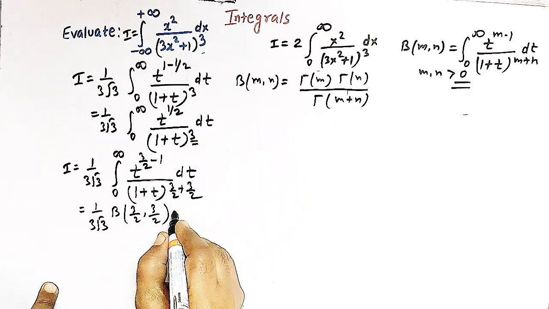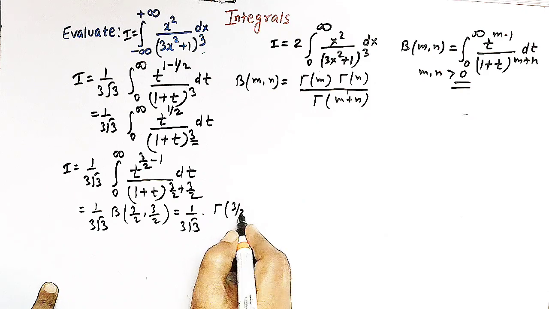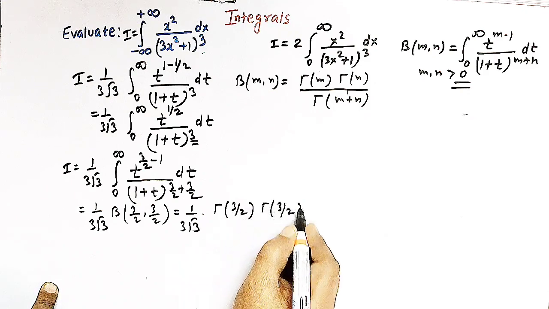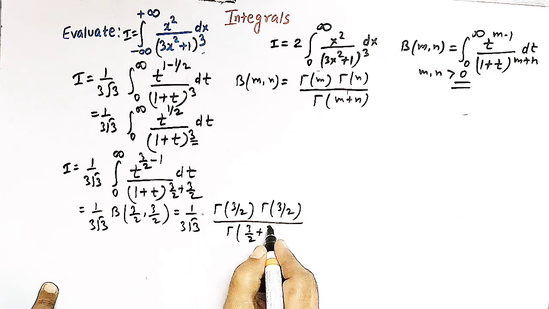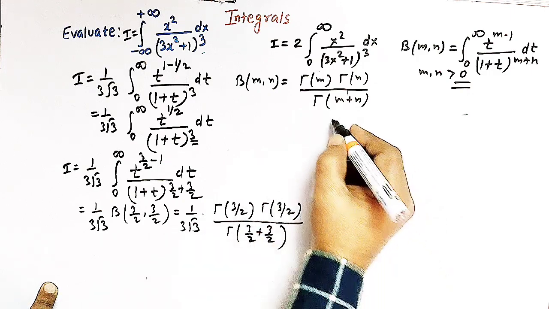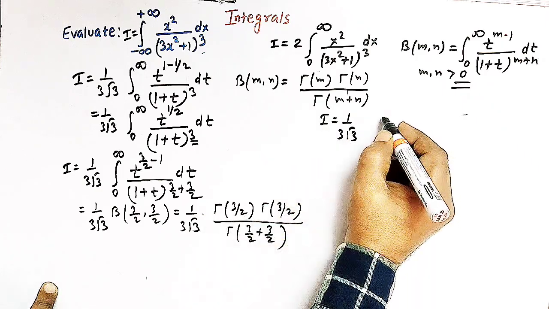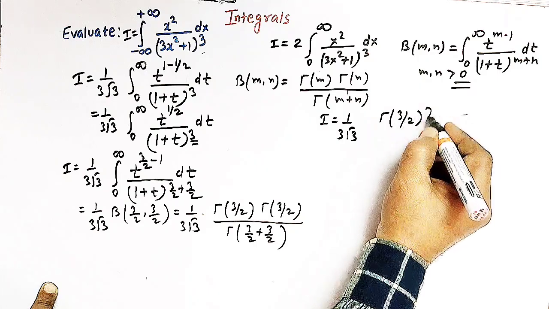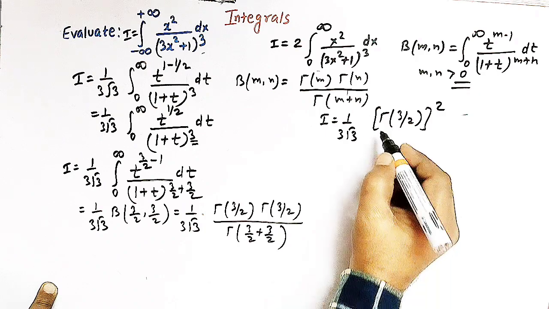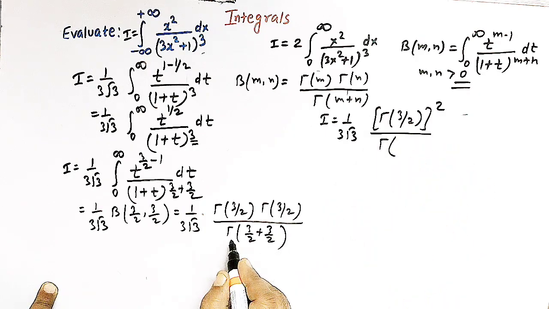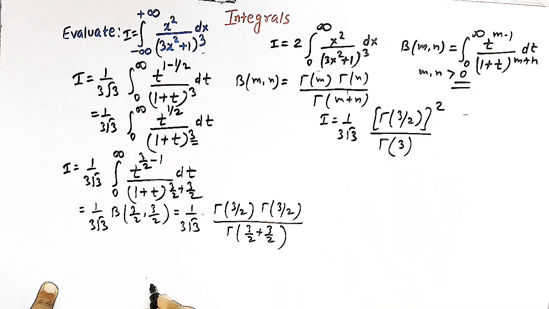So here we can now write 1 over 3 root 3, and then we have gamma 3 by 2, gamma 3 by 2, and in the denominator we have gamma 3 by 2 plus 3 by 2, right? So now I is equal to 1 over 3 root 3, gamma 3 by 2 square, because both these terms are equal, and in the denominator we have gamma 3, since 6 over 2 is 3, right?